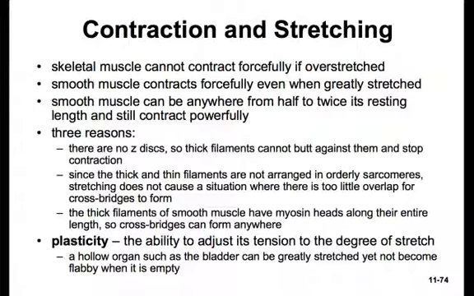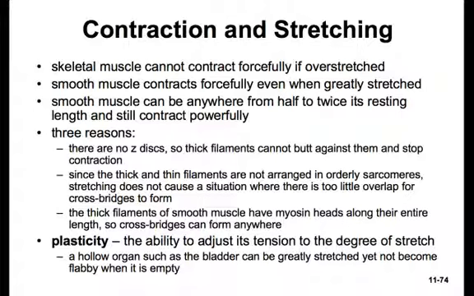Skeletal muscle can't contract forcefully if it's overstretched. However, smooth muscles can contract forcefully even when they're very greatly stretched. They can be anywhere from half to twice as long as their resting length and still contract very powerfully. The reasons for this are that there are no Z discs, so the thick filaments cannot butt against them to stop the contraction.